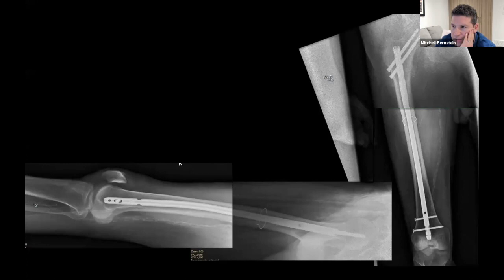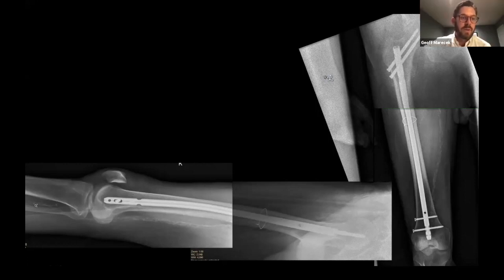Another question, Jeff. A comment on this concept of disturbing the endosteal or intramedullary blood supply, and then you're going to do an open approach, and now you're disturbing the extramedullary blood supply. Isn't that bad to do an ORIF plus an IM nail? Right. So you would think so, but again, it's all about the soft tissue handling.